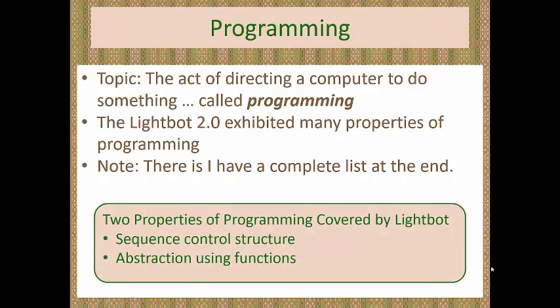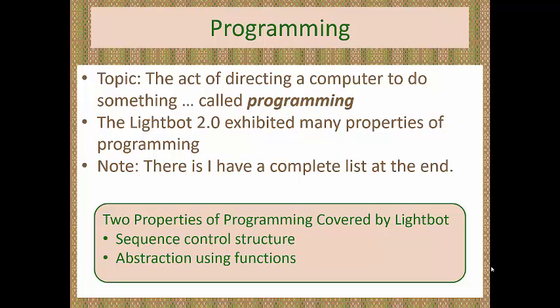Two properties of programming that I want to point out that you did with LightBot are the sequence control structure. You will find out in a few weeks that we have three basic control structures for writing all our programs. A control structure is simply the flow through the instructions that you are giving in your program.